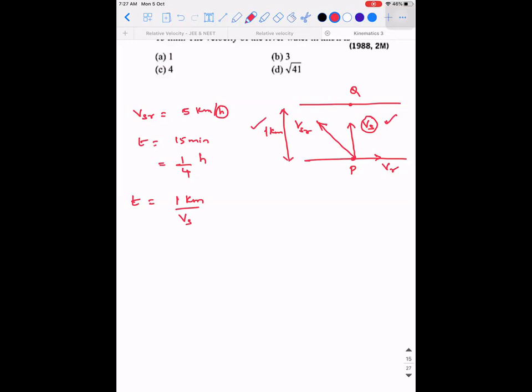But what is the relation between Vs, VSR and VR? Observe. If this is VR, then if I try to reverse the direction of VR, then what is the speed? This will be minus VR. Accepted. Now observe. If this is Vs and this is VR, if this is going to be VSR, what is the relation between all the three using parallelogram law of vectors?